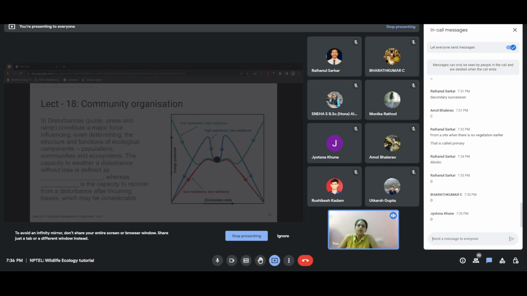Okay. So you have two types of factors that define a system, right? You have resistance and resilience. You're filling the blanks with these two words, so I can read it out to you. Disturbances constitute a major force influencing, sometimes even determining, the structure and functions of ecological components such as populations, communities, and ecosystems. The capacity to weather a disturbance without loss is defined as what?